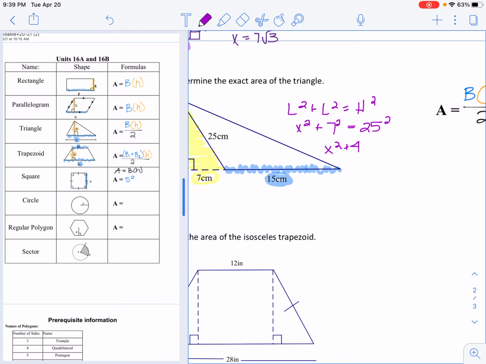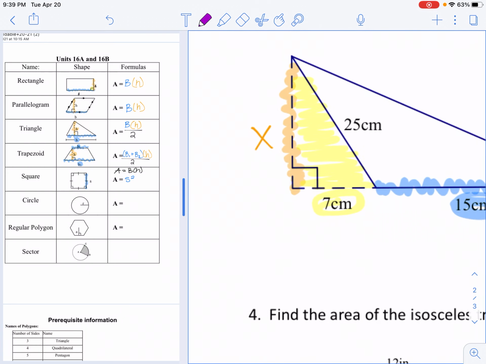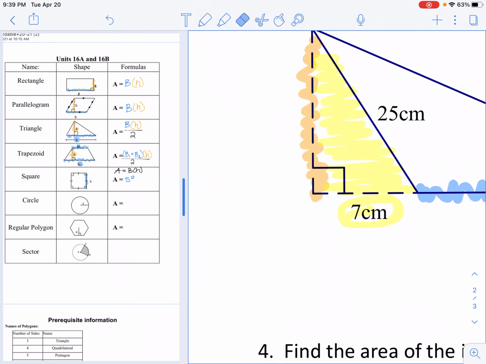X squared plus 49, we want to simplify, equals 625. Subtract 49 on both sides. X squared is going to equal 576. Square root on both sides, and x is 24. So you do that in order to find your height, which is going to be 24.